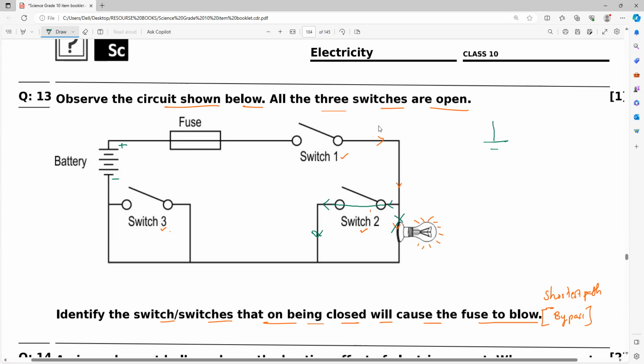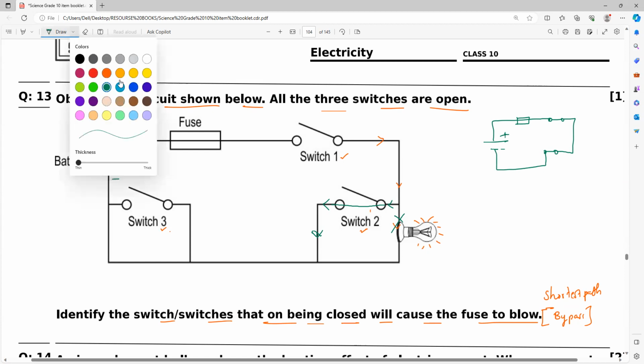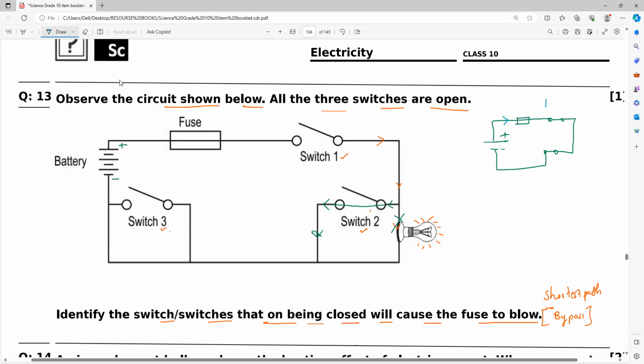Here let me take a fuse, and this is switch 1 and directly switch 2, and directly it is coming. So you can notice the positive and negative terminal are directly attached. What will happen? It will create extremely low resistance, so more current will pass through that.